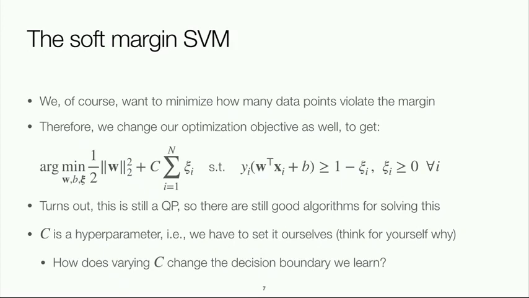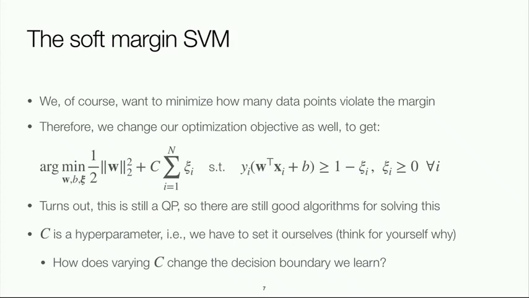How is it learned? Well, the learning occurs jointly with learning my actual decision boundary, W and B. The details are a little bit gory, because I think it's not very instructive to go into the math of how these QPs are actually solved. But you can intuitively think about it as W and B and Xi all working together to figure out: if W and B get set this way, such that I have this decision boundary, what does Xi have to be in order to make sure that all the constraints are satisfied?